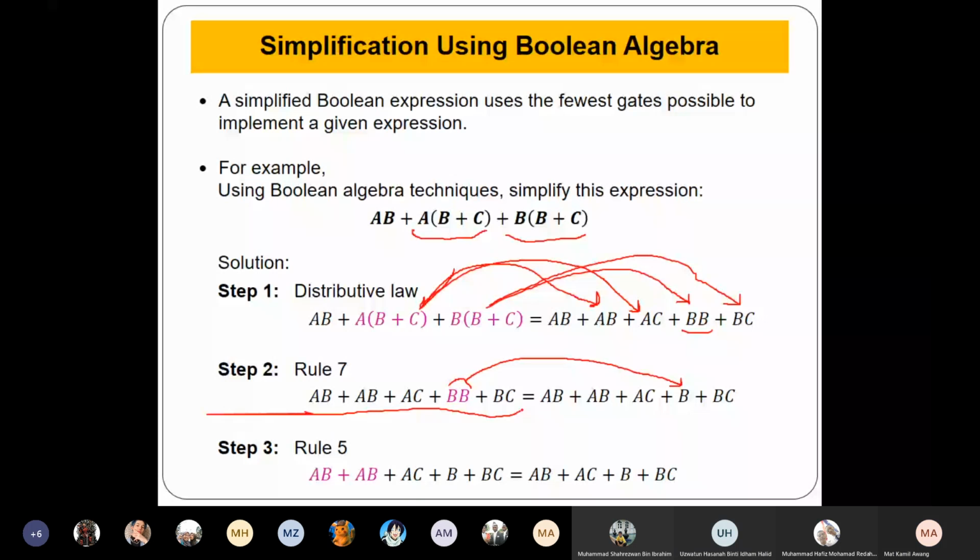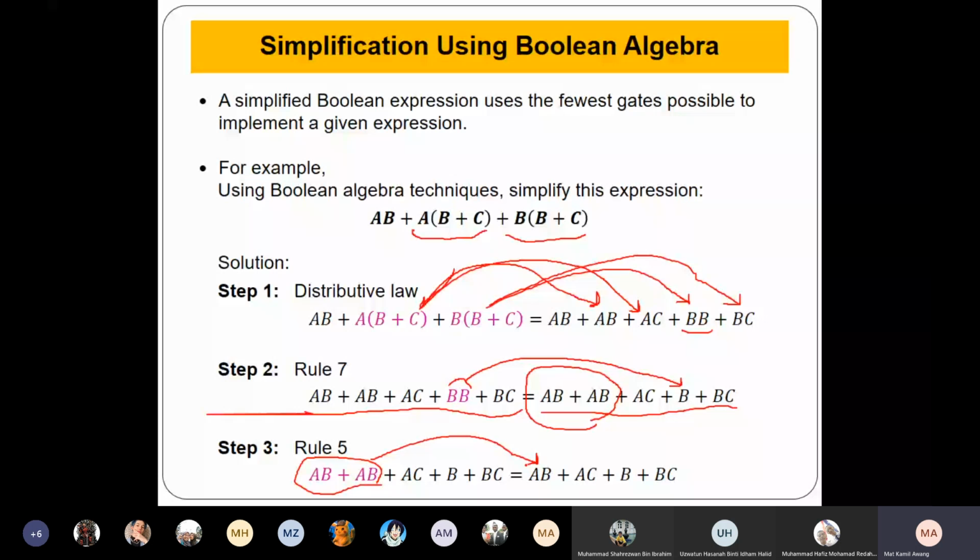Now from here, this part AB or AB becomes AB, since A or A becomes A. So this part becomes this using rule number 5.